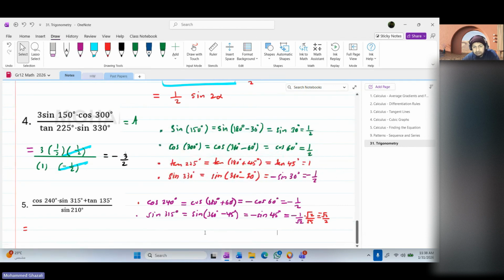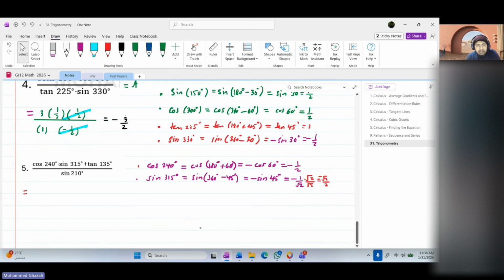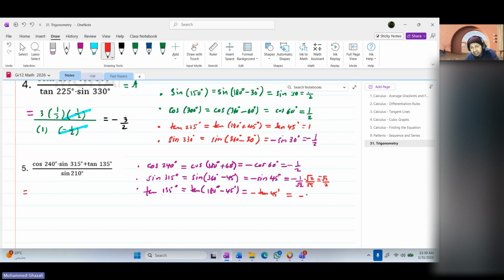Next one. Tan 135. We can change it to tan 180 minus 45. Anything that ends with a 5, you've got to use a 45 there, okay? So now we are in the second quadrant. So negative tan 45, because 180 minus, which is negative tan of 45 is 1.